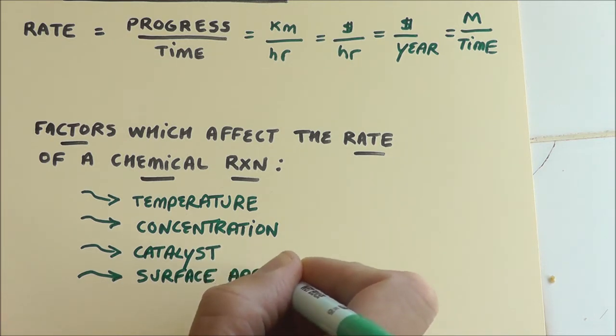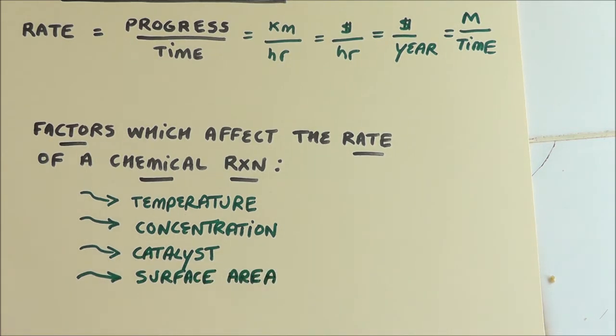So you get a big old Sunday newspaper and you say, I'm going to burn this. It would burn much faster if you took every single page and crumpled it up and then lit that on fire than if you took the folded up newspaper with no exposure to the air.